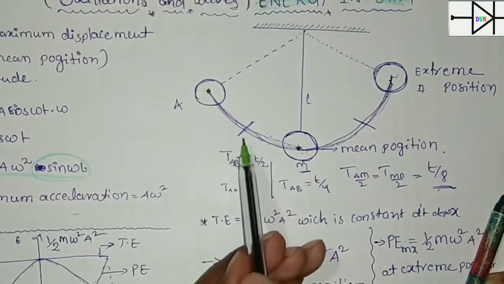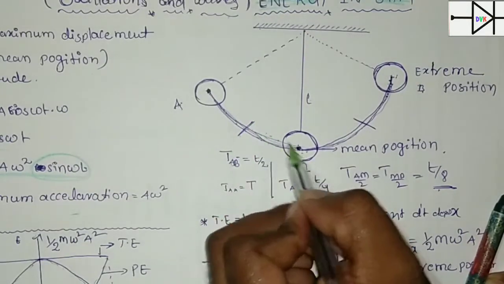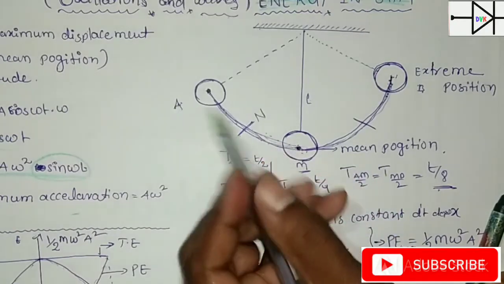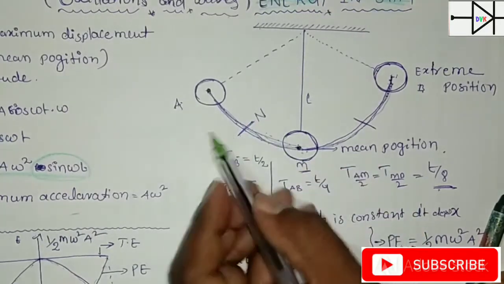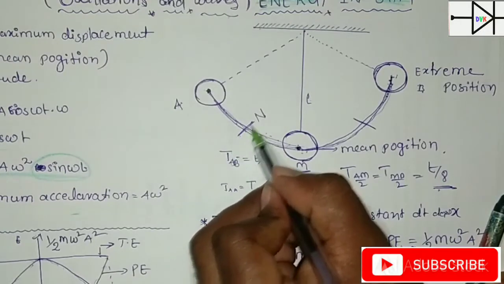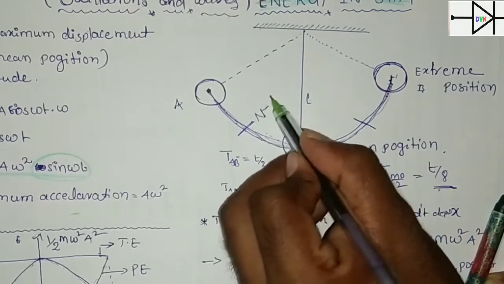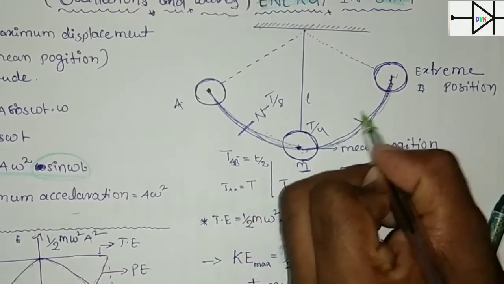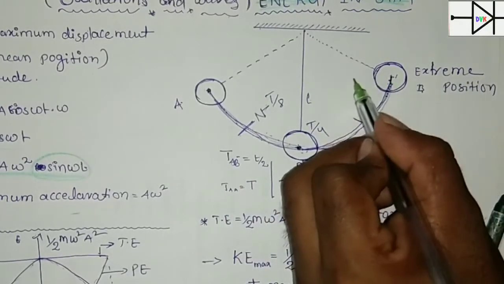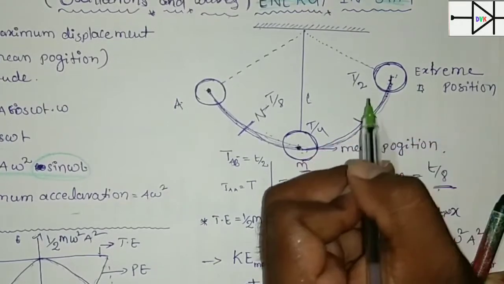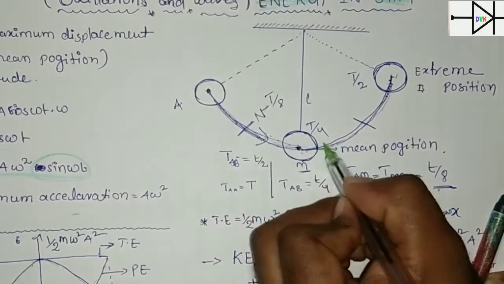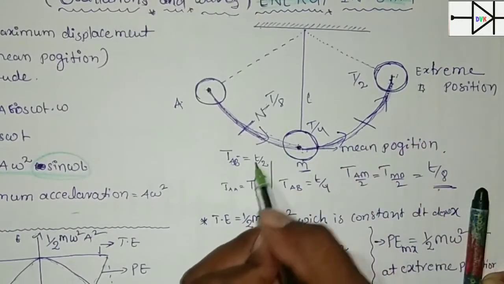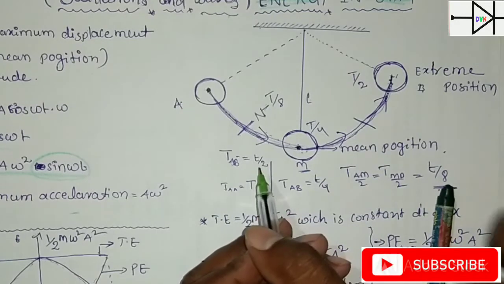The time period of A to a given point N is T by 8 here, T by 4 here, and T by 2 here, right? Moving in this direction, moving in this direction. Again it comes back. It will change, right?